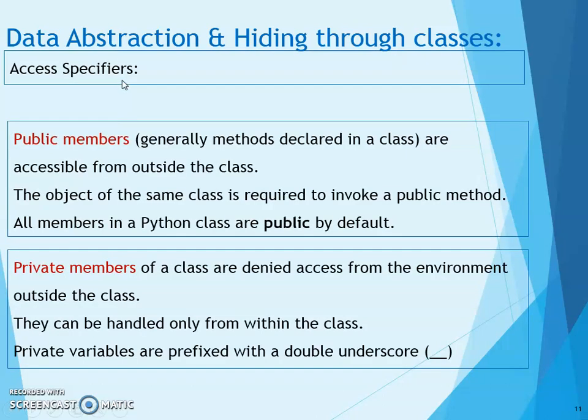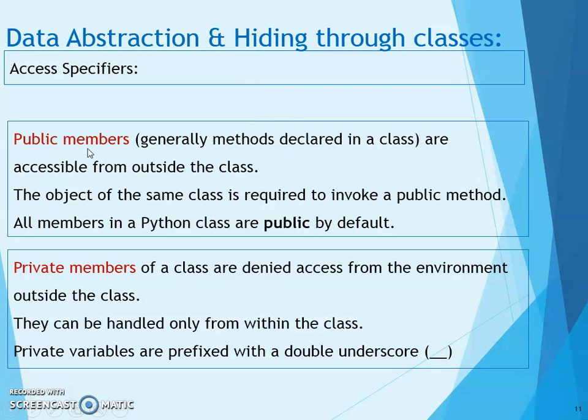So this is done by using encapsulation. How is it done actually? It is done by using access specifiers or modifiers. So a total of 3 access specifiers are used in Python. One by one we will see. First is public members. If the data members, that is data variables, and the methods we are using are public, then generally all the methods declared in the class are accessible from the outside world.